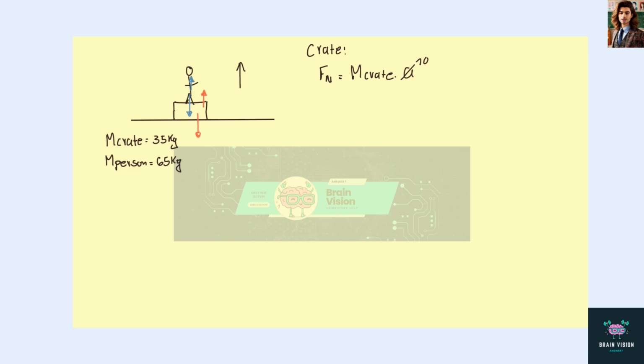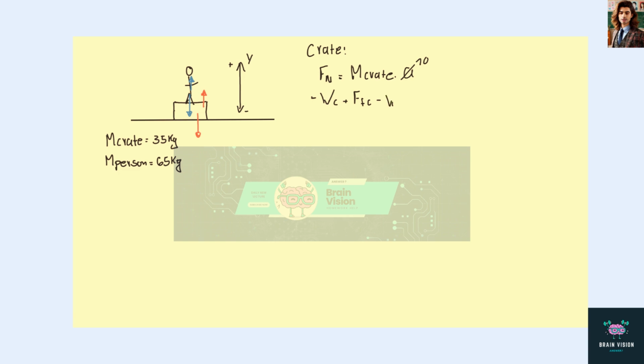Let me choose my referential as being that everything pointing up is positive and everything pointing down is negative. In this setup, the net force acting on the crate is equal to minus the weight of the crate plus the force that the floor exerts on the crate minus the force that the person exerts on the crate, which is equal to the weight of this person.